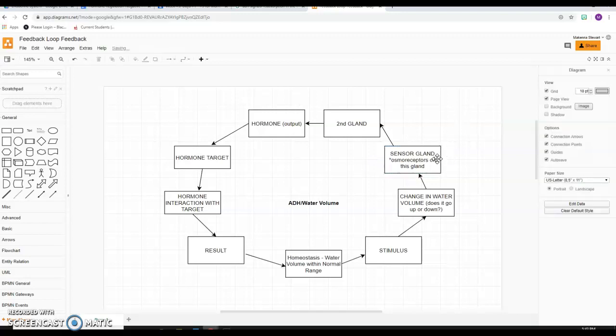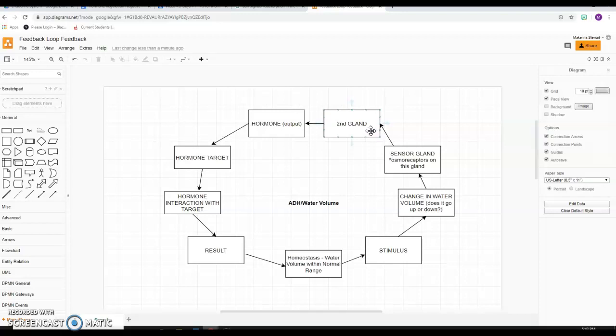Now, the first gland, and here's another hint to help you, the first gland does not secrete a hormone. It signals the second gland. So the first gland is the sensor gland. It has osmoreceptors that detect the change in water volume. Then this gland activates the second gland.